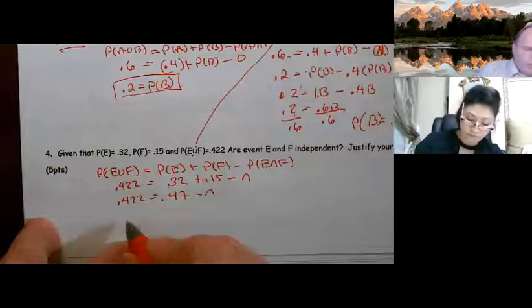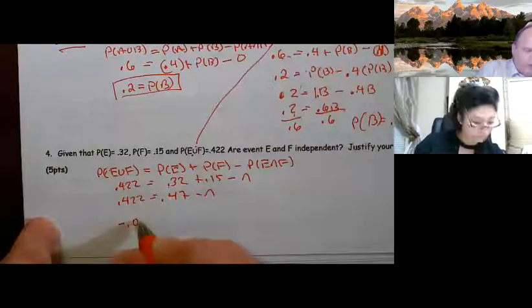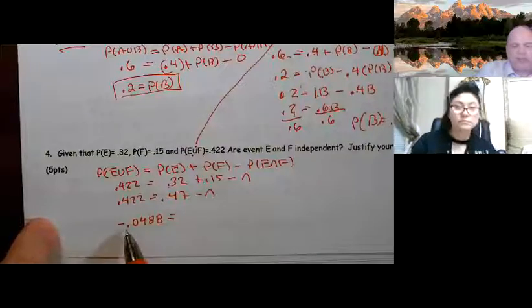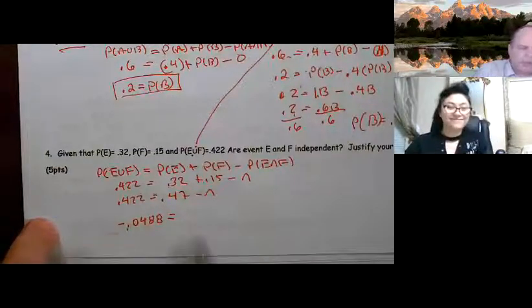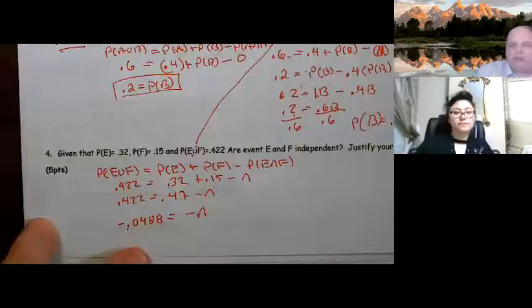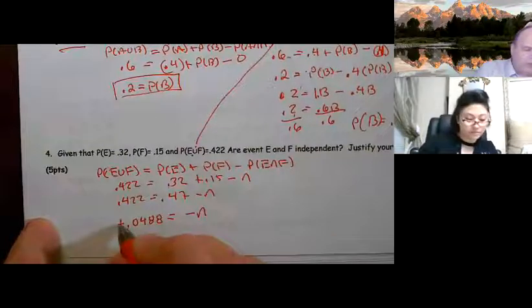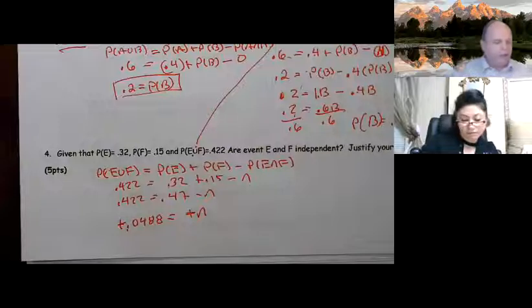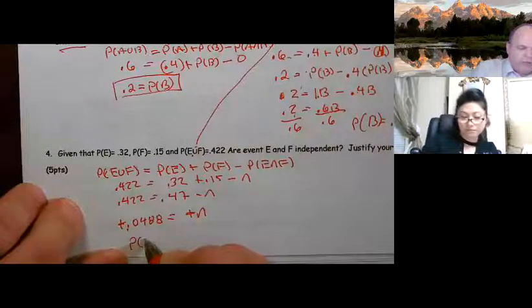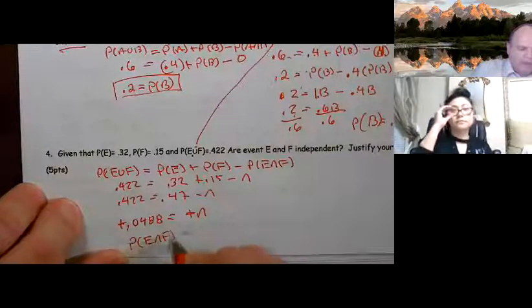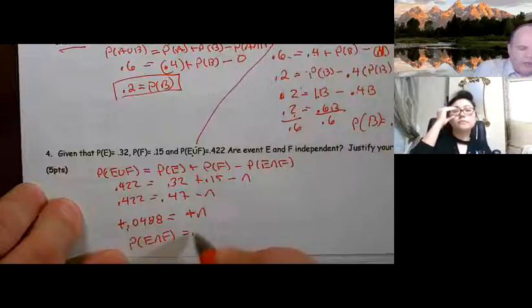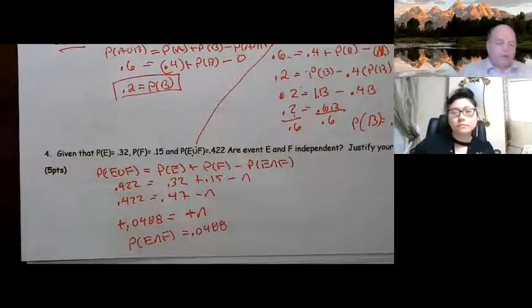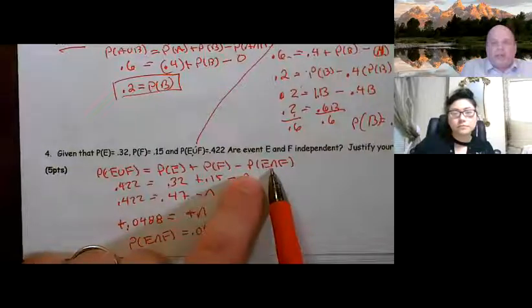So I end up with a negative 0.0488 equals, and people start freaking out because they see a negative sign and they think they messed up. But it's, oh, we have a negative intersection. Change the signs. All right? Divide by the -1. So the probability of E intersect F equals 0.0488. And the reason that was important is, first off, we knew we were missing this piece.